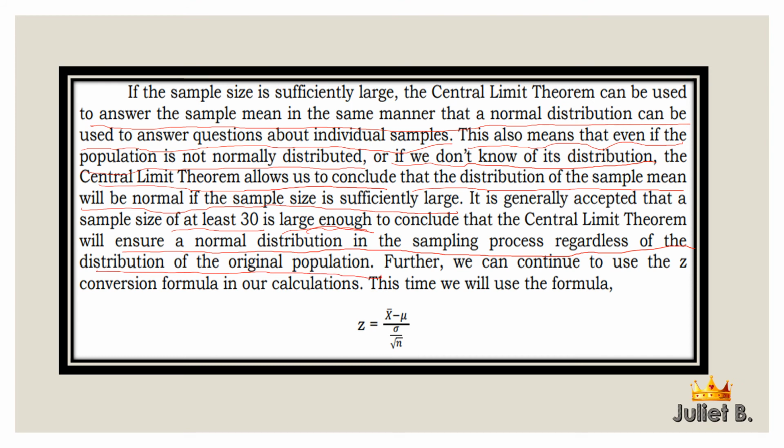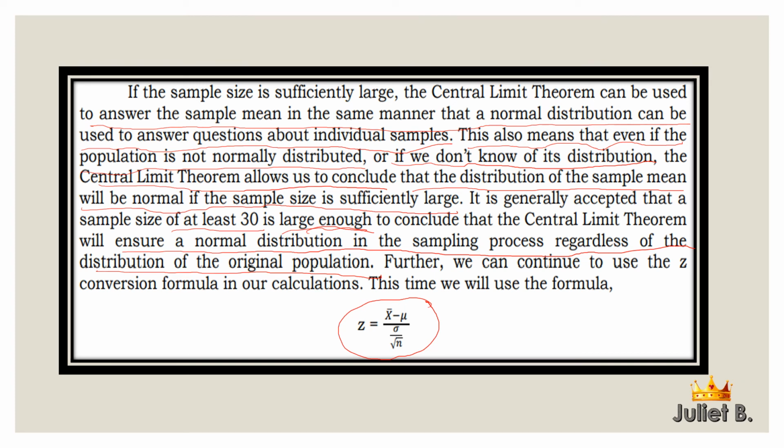Further, we can continue to use the Z conversion formula in our calculations. This time, we will use the given formula. Z is equal to the sample mean minus the population mean divided by the standard deviation over the square root of the sample size. So take note of that.